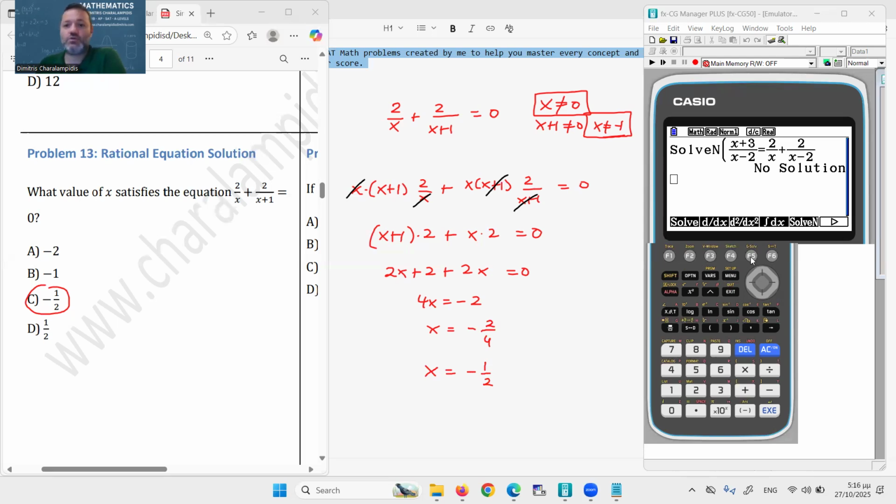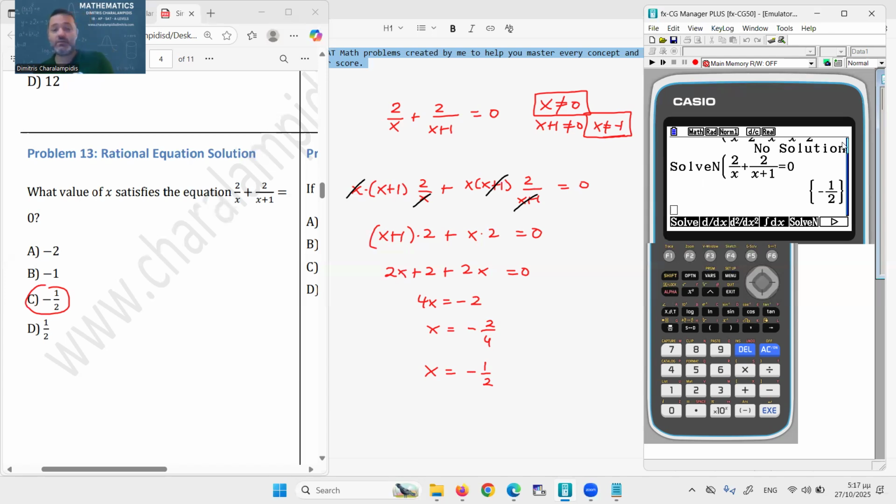So, solven, I will carefully create the given equation, 2 over x plus 2 over x plus 1, all that equals to 0. Exe, this warning always pops up, exit, there it is, -1/2.